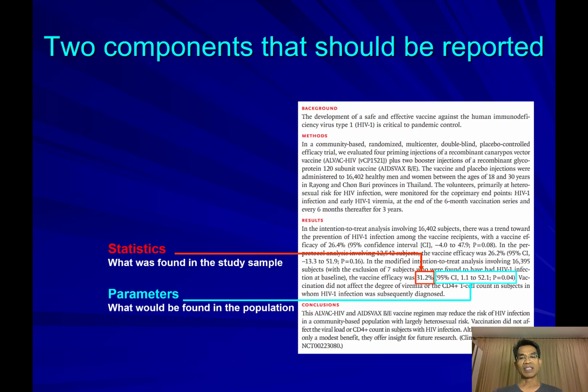The second component is the parameter, which is what would be found in the population where this vaccine will be used. So it will be in the future, right?